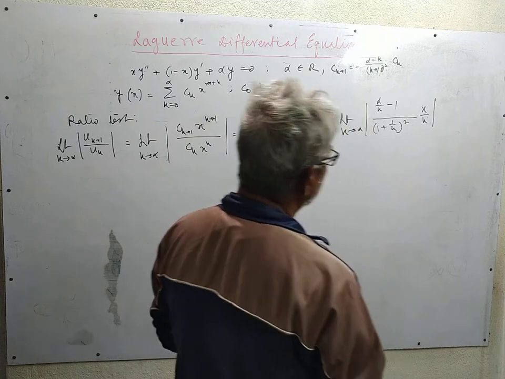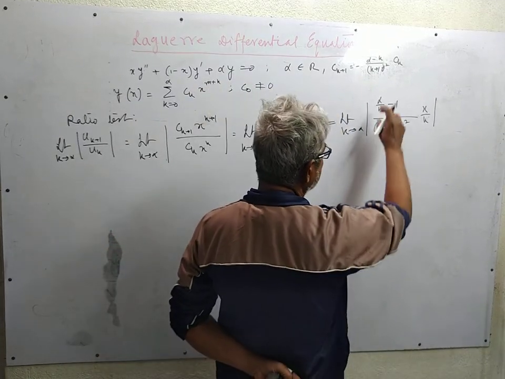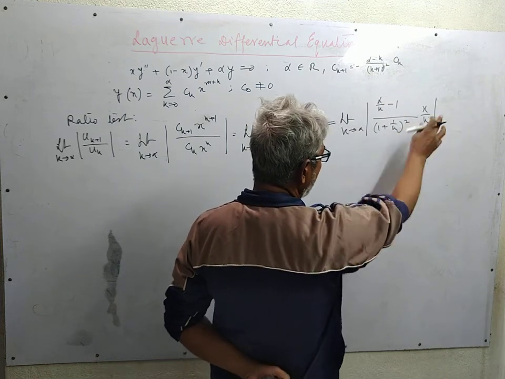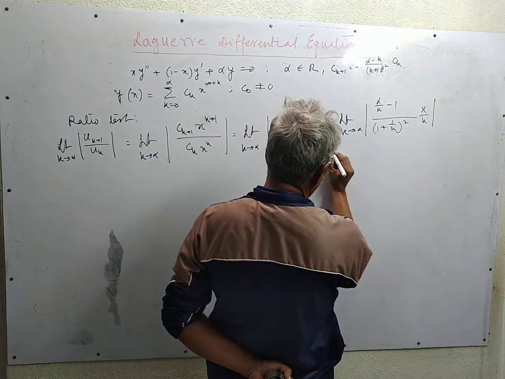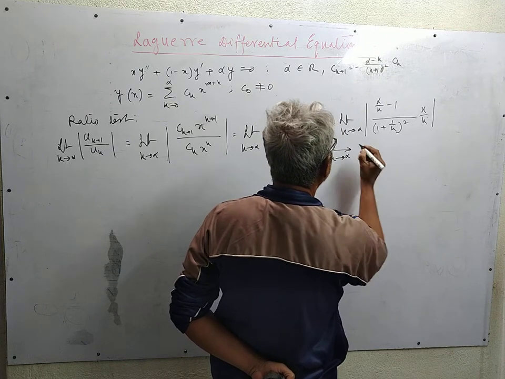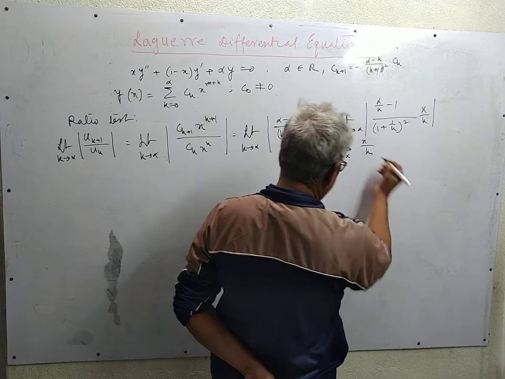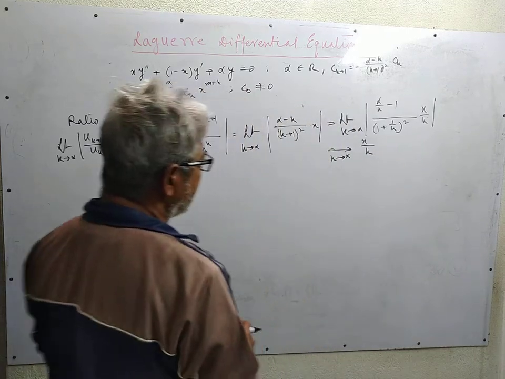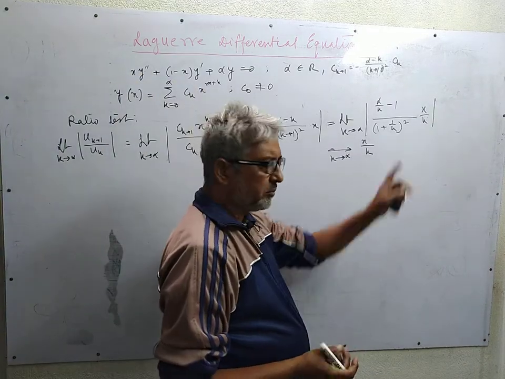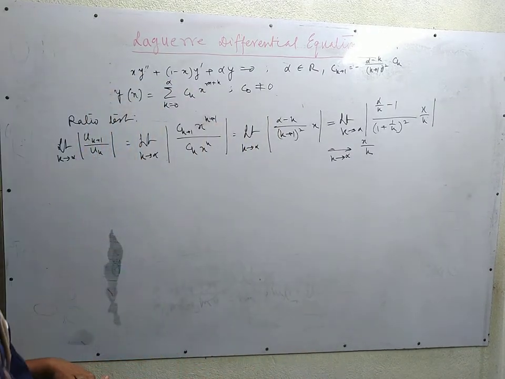And when k is very high, these terms are 0, so this is 1, and the thing effectively behaves as x by k. It may appear that as k is very high, this term is less than 1, so as per the ratio test, the infinite series solution of the Laguerre equation may be a convergent one.